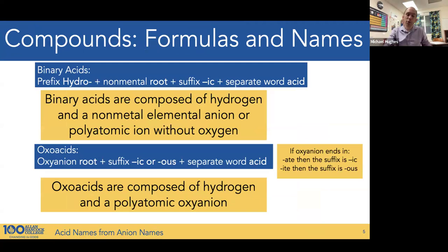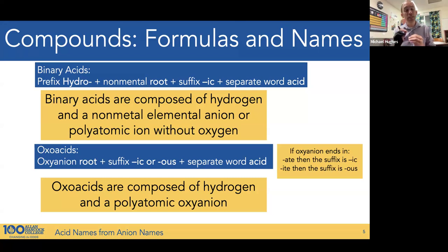We're going to want to have the rules for acids. When we see an H plus as the cation and that aqueous symbol, we know that we're dealing with an acid. Binary acids are those when the anion is a single element or a polyatomic that does not contain oxygen. Oxo acids are when the anion is an oxyanion.